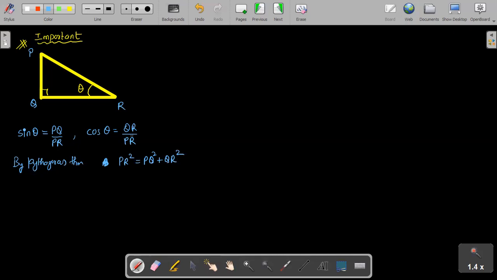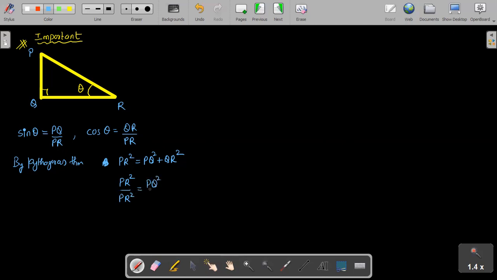We already have this identity with us, but what if I want to divide this whole thing by PR? I want the answer for the hypotenuse side to be 1. If I want this side as 1, I will divide it by the same value, right?